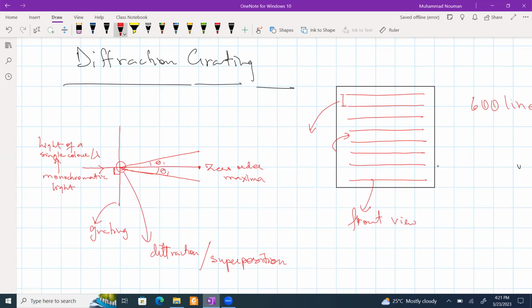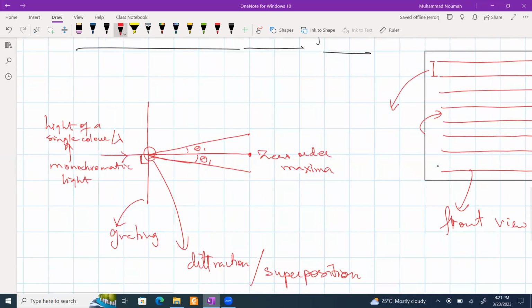Sometimes in exams, they give you a question. They say that a student is performing an experiment using a diffraction grating and he found that theta1 is not equal to theta2. What could be the reason behind it? There is only one reason: the student may not have kept this angle at 90 degrees.